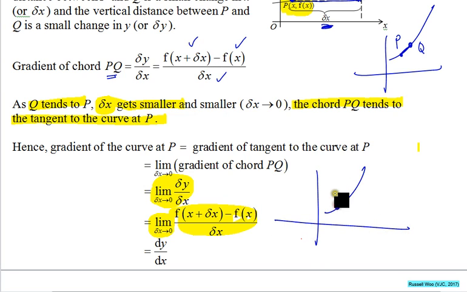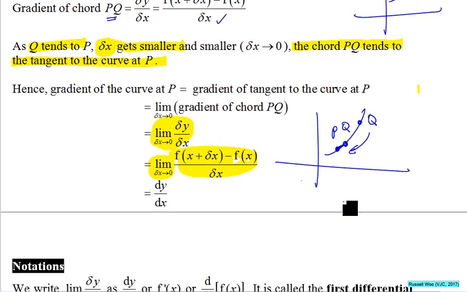This is P, this is Q. As Q gets closer and closer, this gradient is actually the gradient of the curve at P, which is what we are familiar with, which is dy/dx.